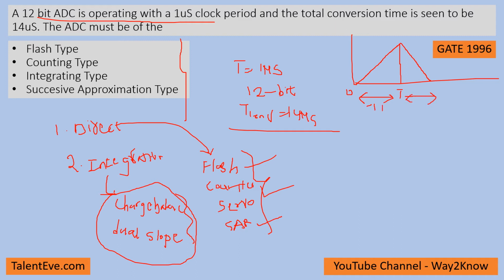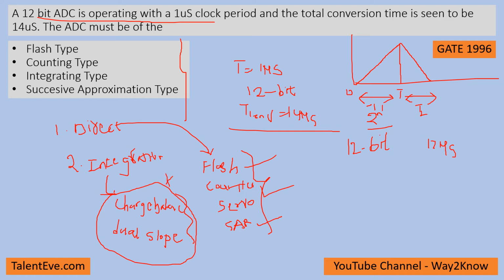So there is T1, there is T2. Definitely it cannot do it within a 14 microseconds period, because we have 12 bit. Even if you take 1 microsecond for each bit, it will be 12 microseconds for conversion. So definitely this takes more than that, because the positive slope itself takes almost 2 power n clock cycles, which will be much higher than whatever we are seeing. So this is ruled out.